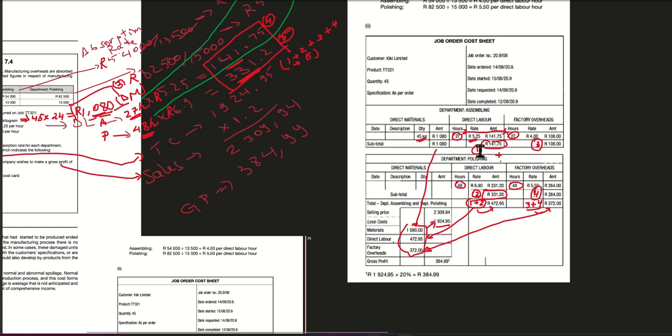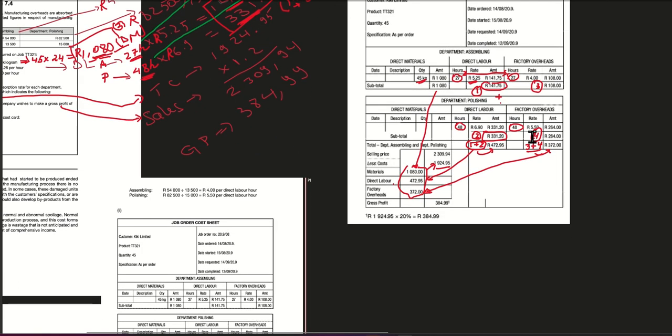We put the rate on the labor as it is to obtain the direct labor, but that's not going to be the same rate for factory overhead. Because for the factory overhead, we will take the same hours as for the labor, but we're going to multiply them by the absorption rate that we calculated for both the assembling and the polishing department. Okay, so all these, we will total them.